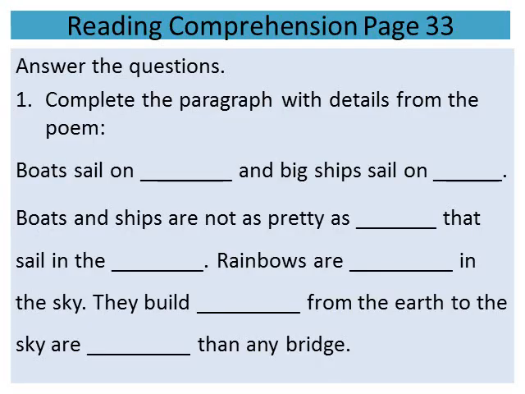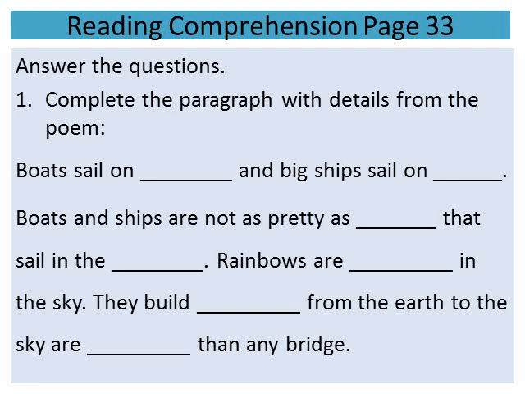Reading Comprehension, page 33. Answer the questions. Complete the paragraph with details from the poem. Children, read this paragraph carefully and try to find out the answers from the poem. Boats sail on the... Now it is time for you to think for the answer.